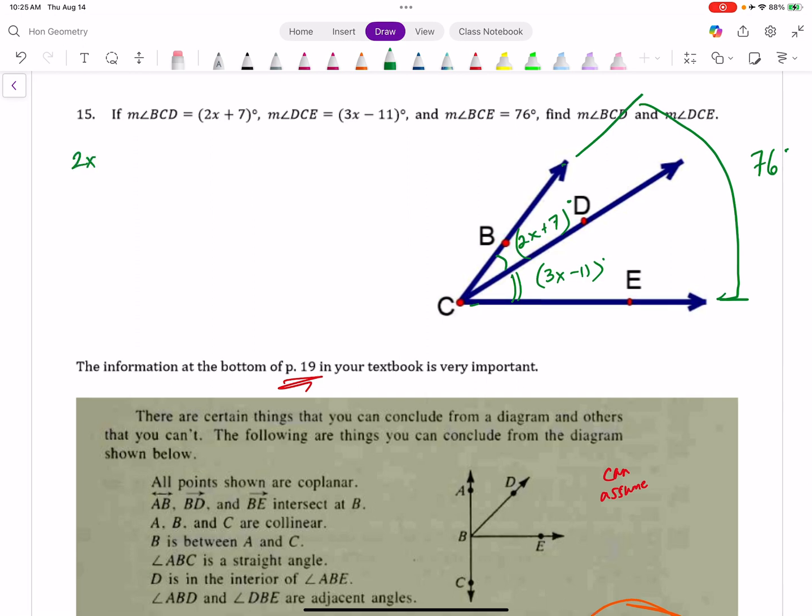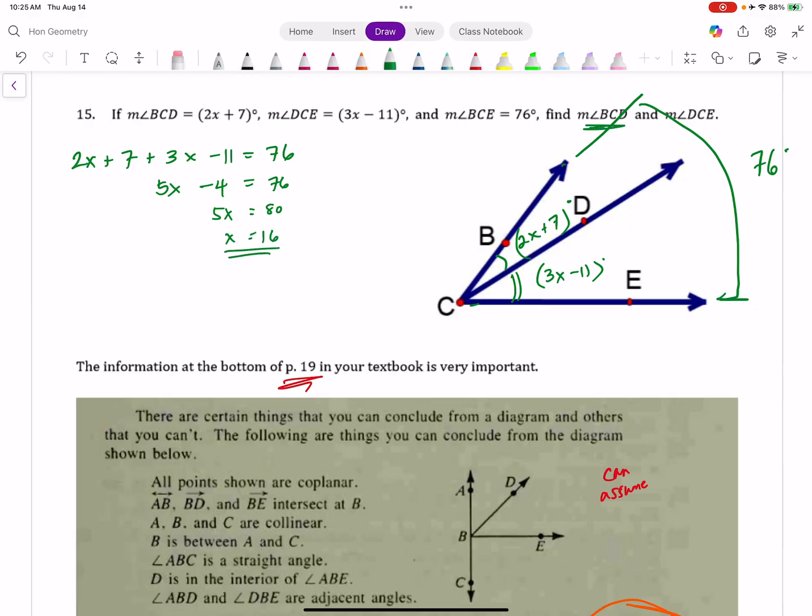I know that the two measures of those two adjacent angles should end up giving me that big angle. So that's going to give me 5x minus 4 is 76. 5x equals, 76 plus 4, there's 80. X is 16.